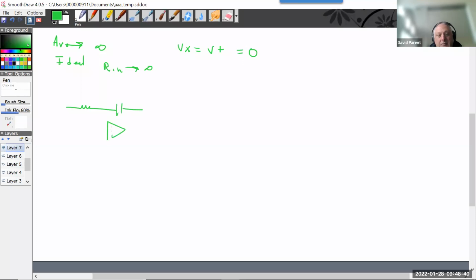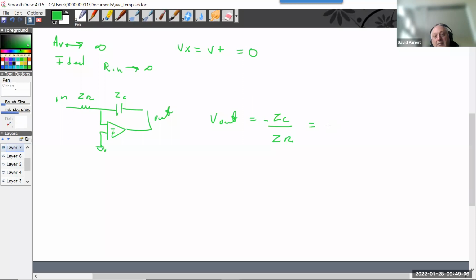So the thing is, now if I were to do this, okay. Well, now I know that V out equals ZC divided by ZR times minus 1. All right.